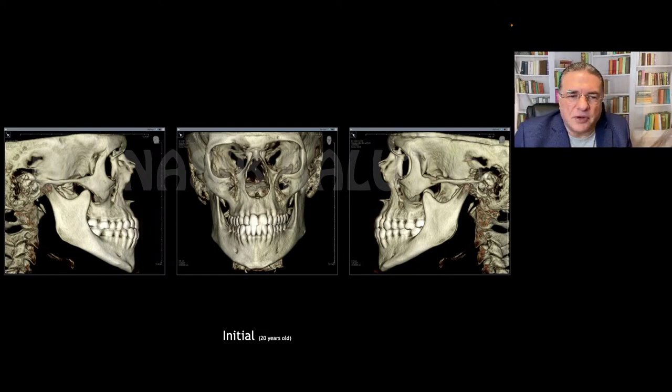A lot of people are concerned about taking a CBCT mainly for two reasons. The first one is the amount of radiation. And now there is enough scientific evidence to say that it is not much more radiation than a lateral and panoramic X-ray.